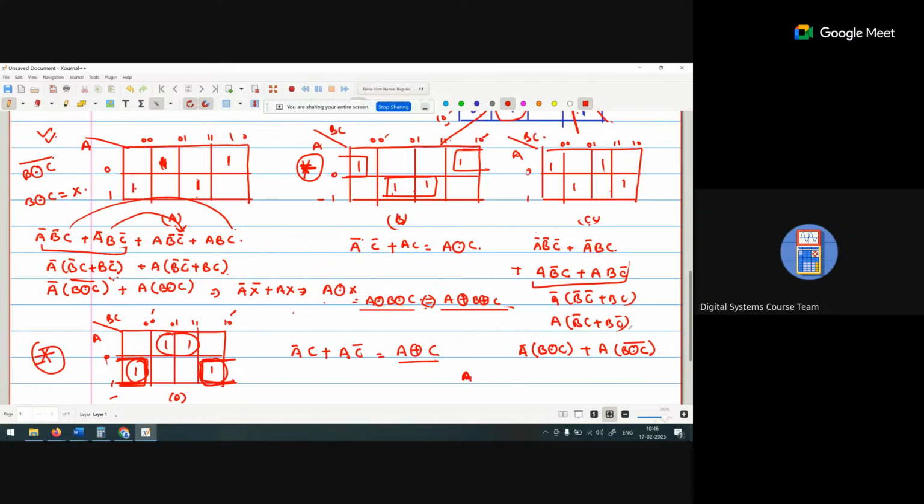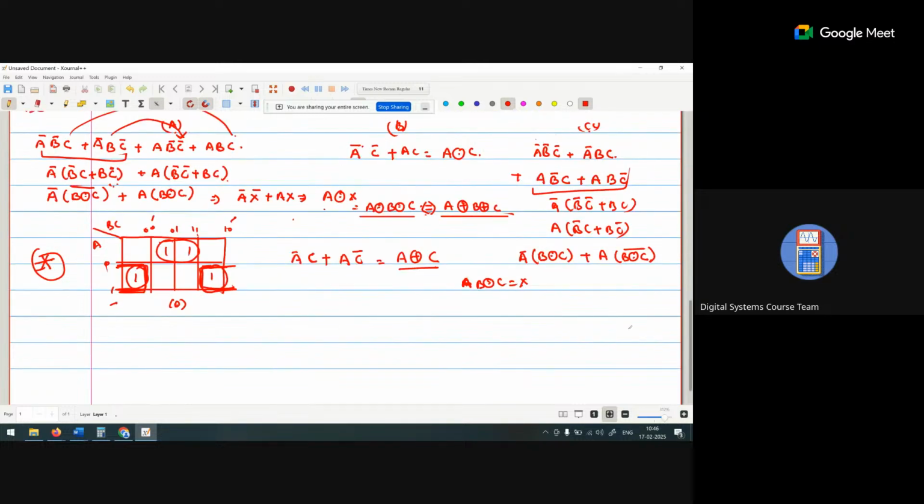So I take B XNOR C as X. So it becomes A bar X plus A X bar. That is A XOR X. So it is A XOR B XNOR C, I think so.